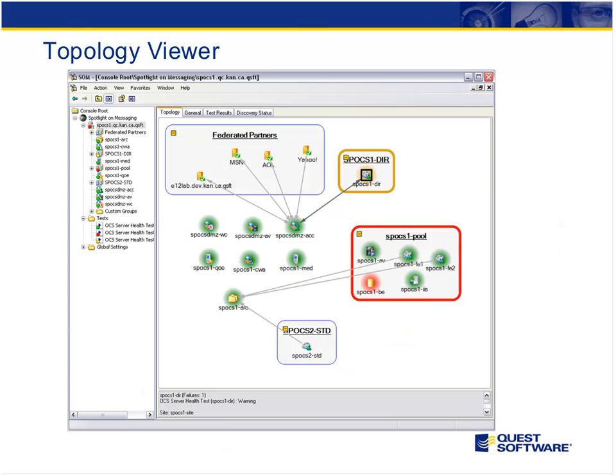When you start to see a server turning yellow, or as you can see in the right-hand pool, a server that's gone red, that's a visual indicator that there's something that needs to be looked at on those servers. Now, this topology viewer is the part of the application that most companies have up and running 24/7.